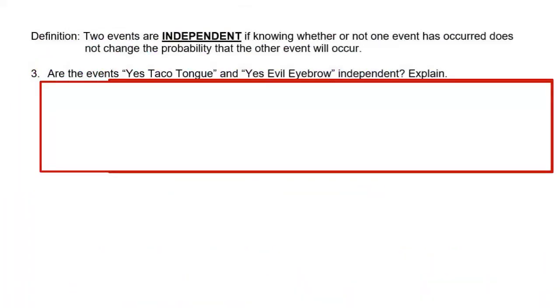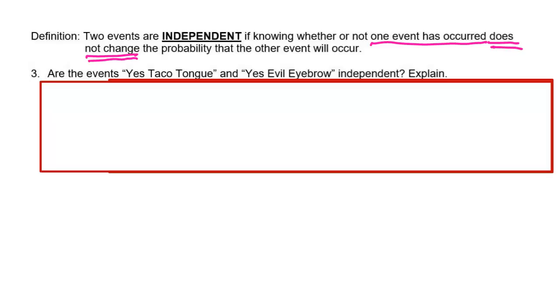All right, our definition says that two events are independent if knowing whether or not one event has occurred does not change the probability that the other event will occur.